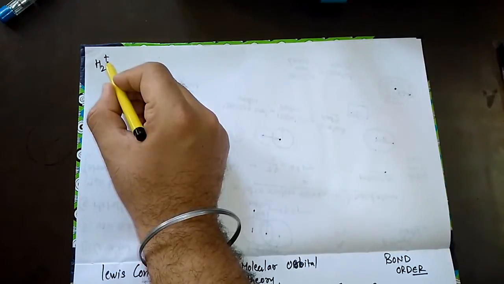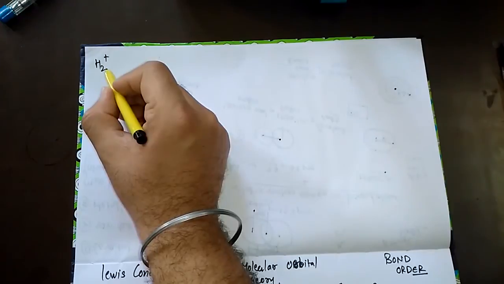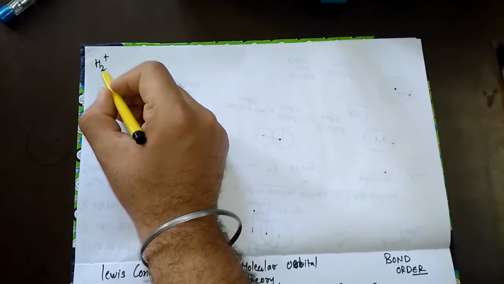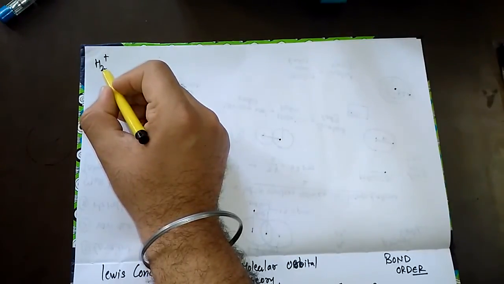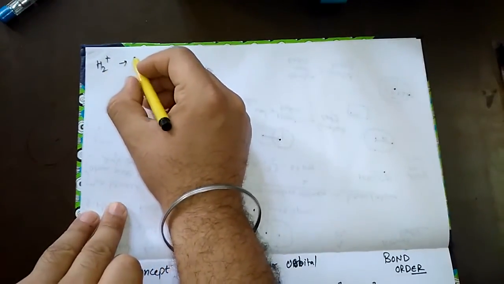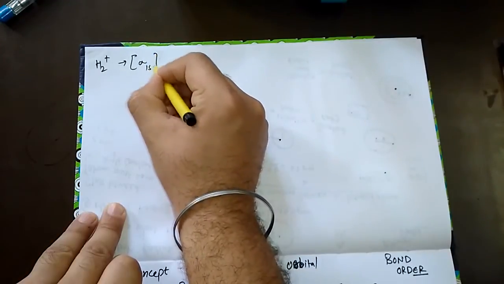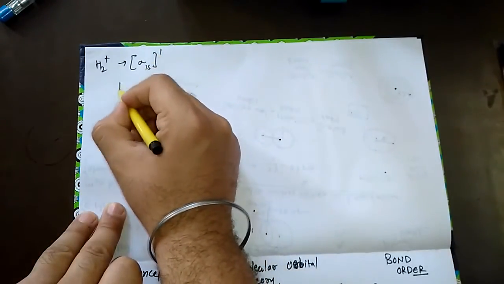So one atomic orbital contributes the electron while the other one is empty. The electron is filled in the bonding molecular orbital, so how can we write the configuration? It will be sigma 1s1.